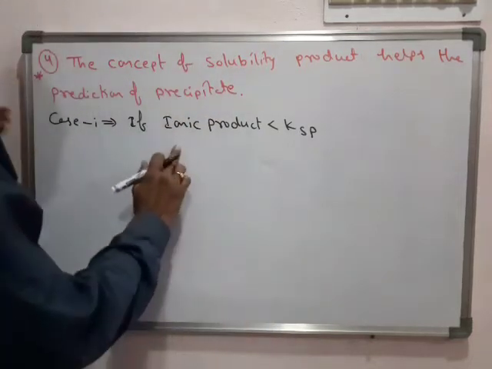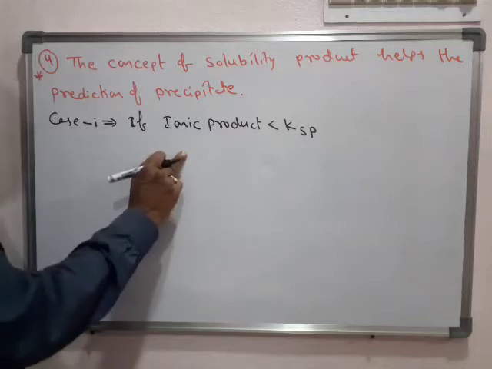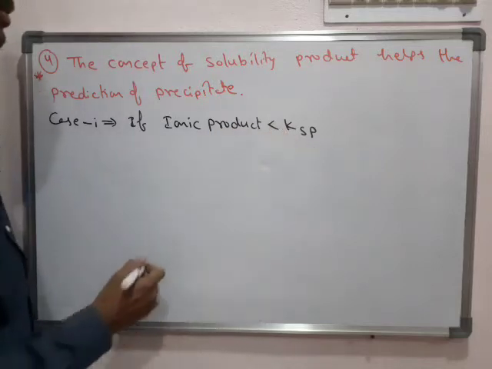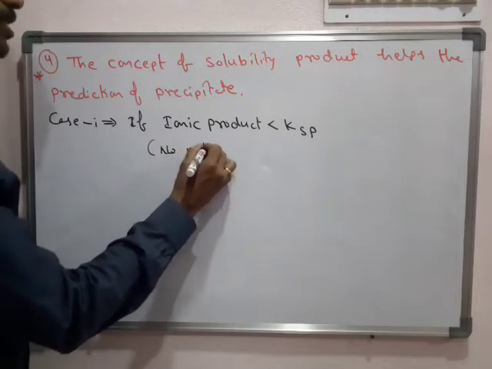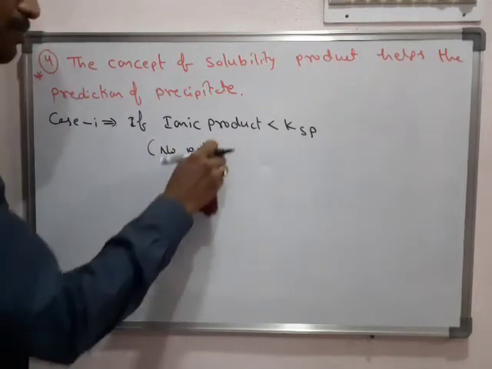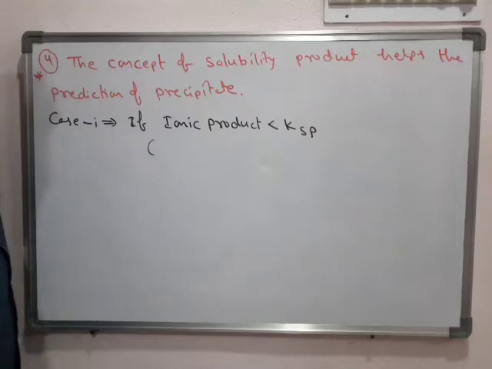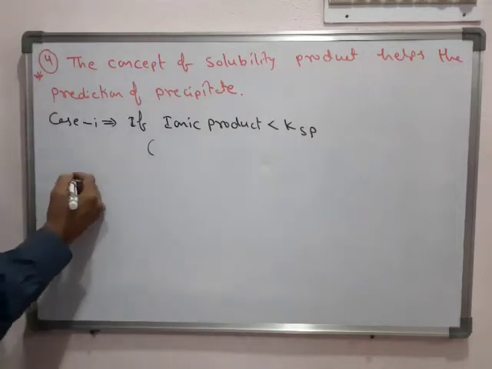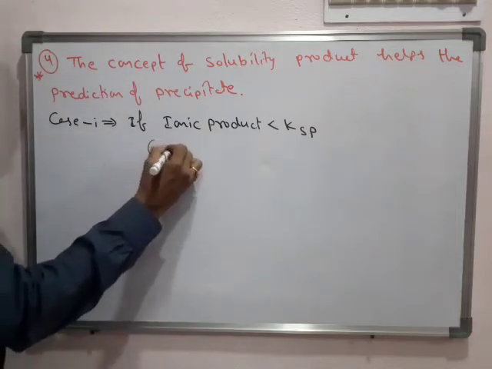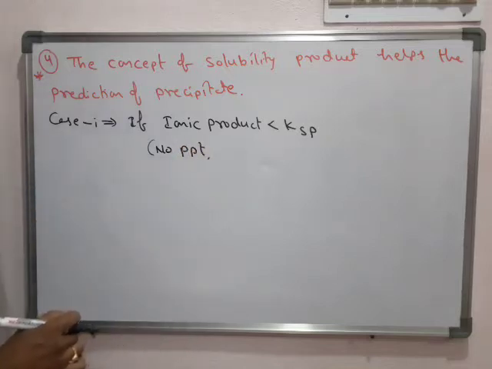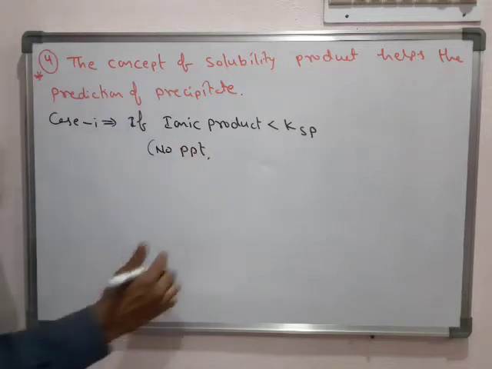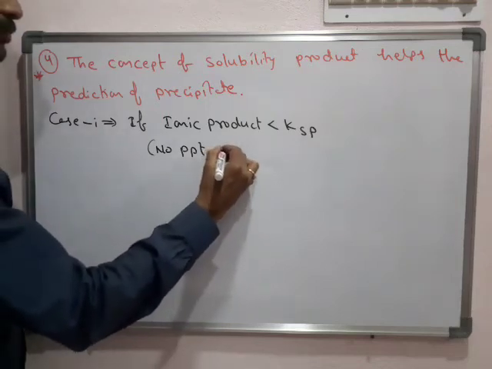So if ionic product of that salt is less than its solubility product, then there is no precipitation. Sorry, PPT means here, this is a shortcut of precipitate. So there is no formation of a precipitate. They are known as generally unsaturated solution.